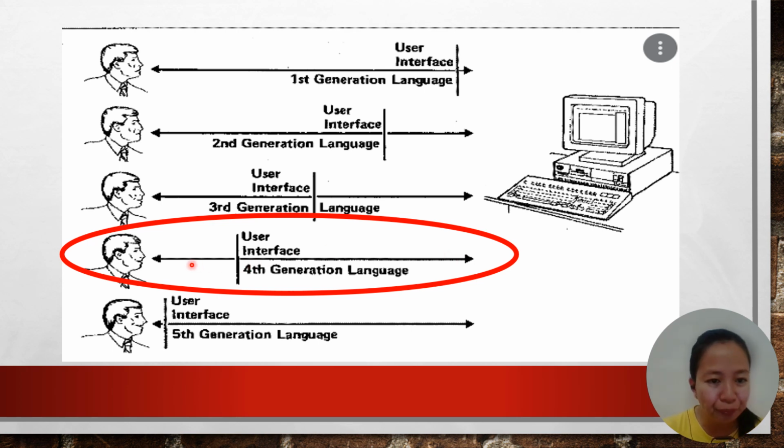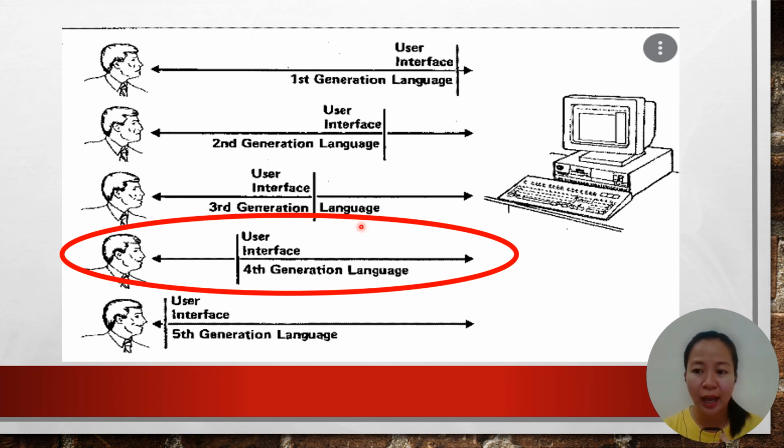So, kung makikita nyo yung sa first generation language, yung malaki ang participation ng user. And then for the second, yun nababawasan pag meron ng computerization. And then for the fourth generation, merong user interface pa din, pero less na.